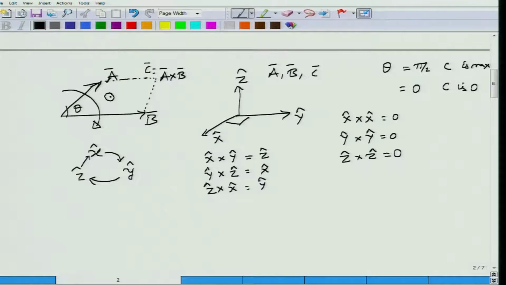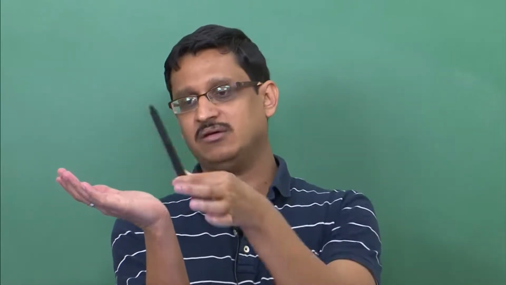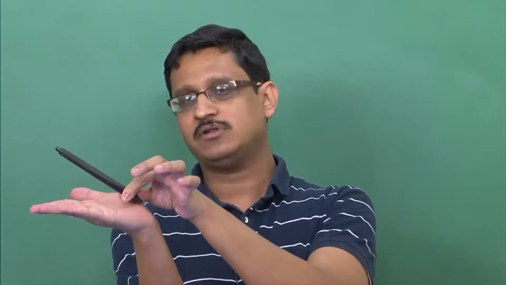Now, here is an interesting thing. Dot product did not care whether you took a dot b or b dot a, right. It did not care because the physical meaning of dot product is that you take one vector and try to find out what is the component of this vector, this black pen, on the direction in which my fingers are pointing.